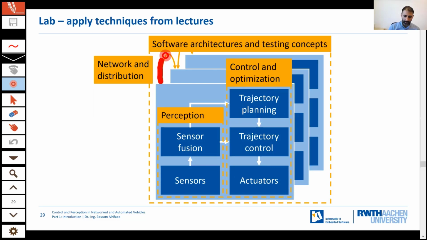We have here the network and distribution between agents, and here on the top we have the software architecture and testing concepts. So this is a picture of the content of this course. So the main part of this course is the network and distribution.